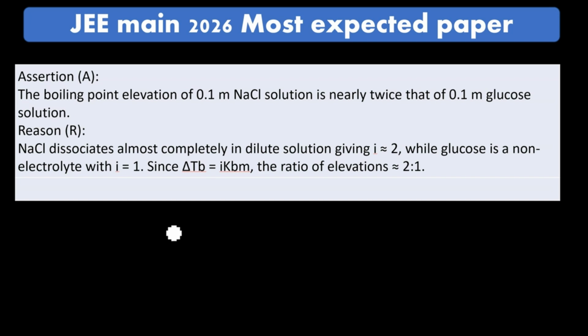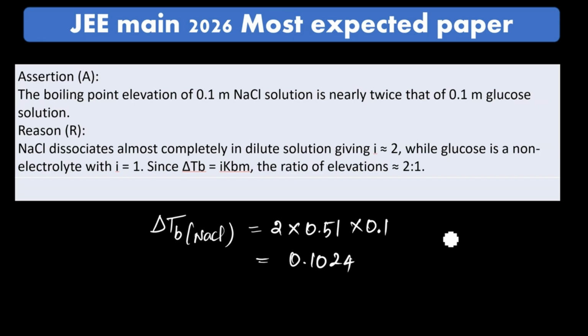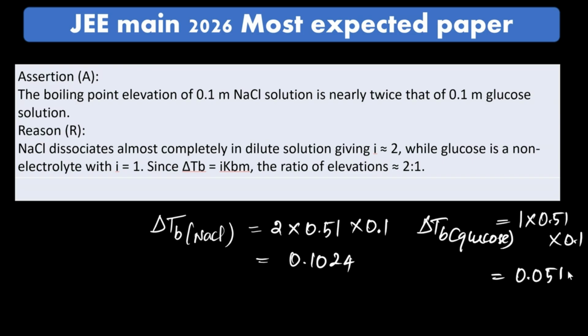So let's check. Delta Tb of NaCl, first let's check that one, i Kb m. So 2 into Kb value, that is 0.51, and m value is given as 0.1, which will give you 0.1024. If you calculate for glucose, that is 1 into 0.51 into the same concentration 0.1, which will lead to 0.0512.